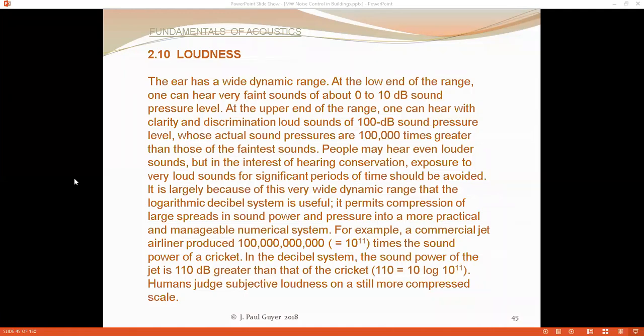And so sounds above about 80 decibels are harmful. And over 100 decibels, that's probably going to result in pain for the hearer.